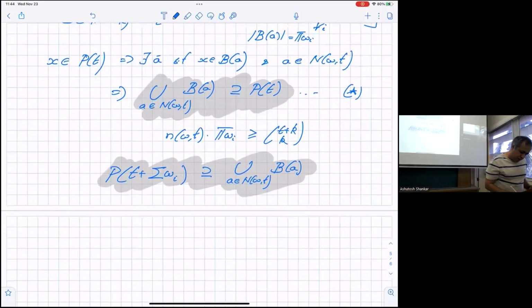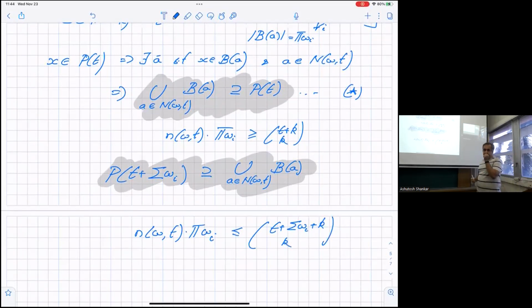You get out of this N(W,T) times the product of w_i is less than or equal to (T plus summation w_i plus k choose k). If a-bar belongs to P_T, it implies there exists a-bar.